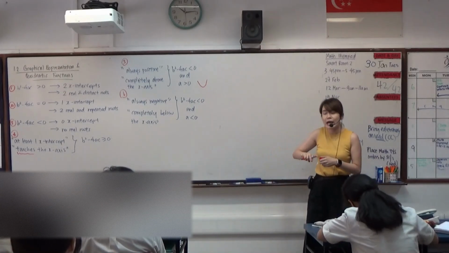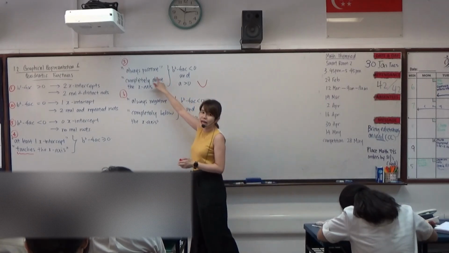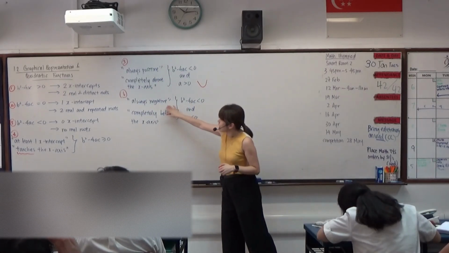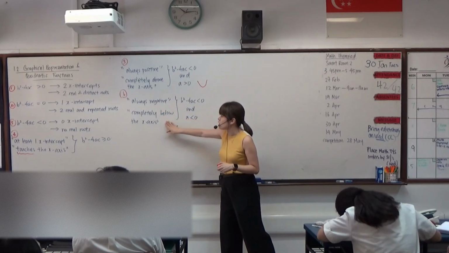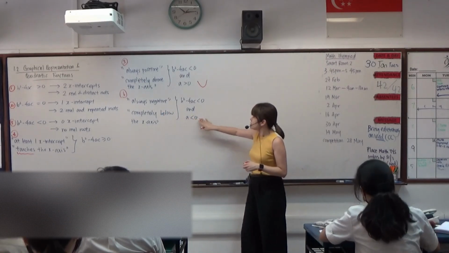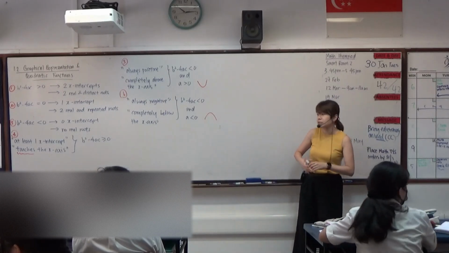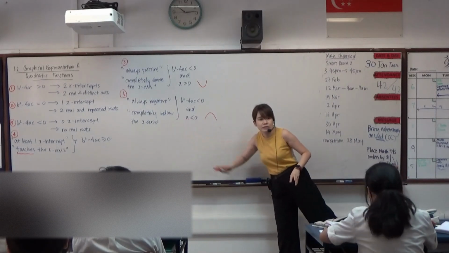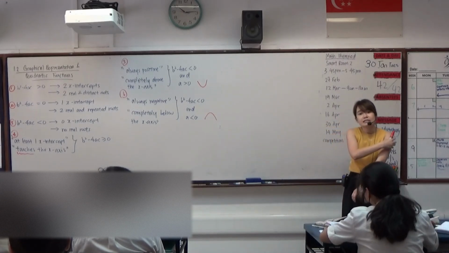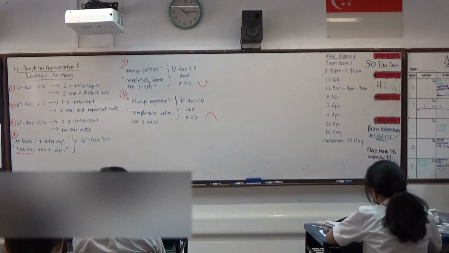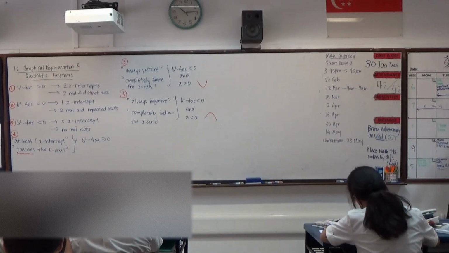Then what we need to have in order to not have any intersection with the x-axis. Then the last one is always negative and completely below the x-axis. That means that we must have this shape. There is only one possibility that will result in this. So these are the 6 key points that we have gathered today based on the questions that we did.